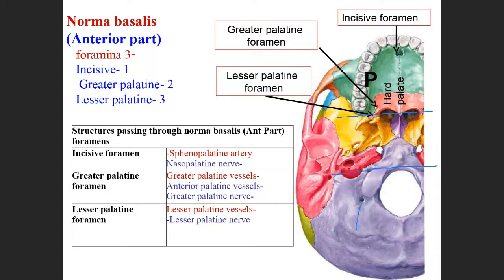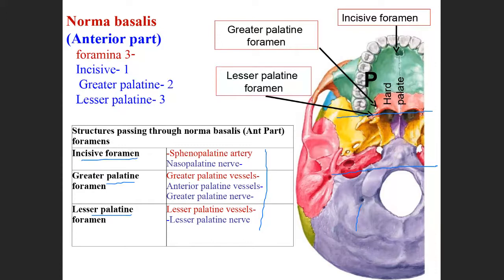Now it will become easy to understand all the phenomena that come in the anterior part, middle part, and posterior part. In the anterior part, there are the incisive foramen, greater palatine foramen, and lesser palatine foramen. You have to remember, or learn by heart, all these structures.